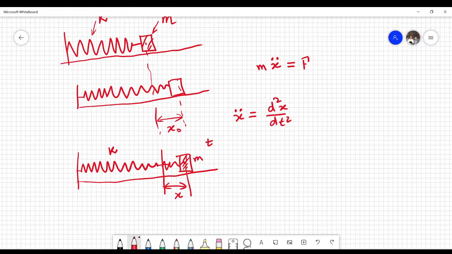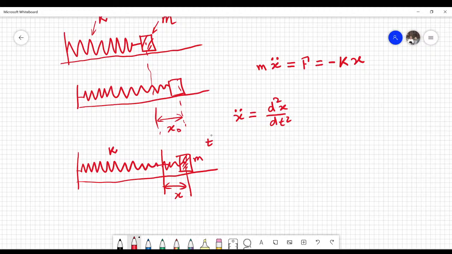Now, net applied force on the mass, sorry for the mistake. On the object of mass m, the only force being applied is the force due to the spring, which from Hooke's law can be written as negative kx. So we know the restoring force is proportional to the spring constant and proportional to the displacement from the equilibrium point.